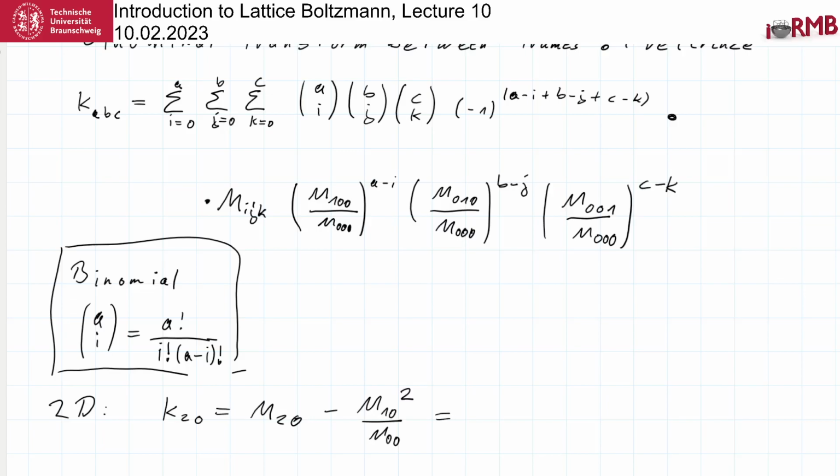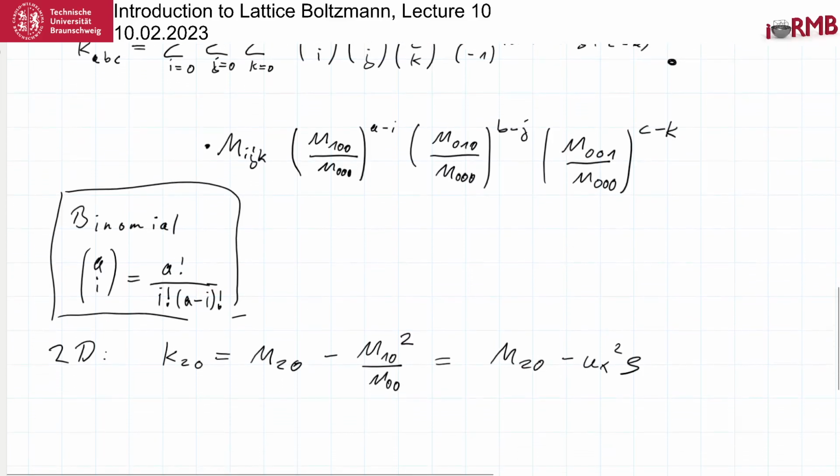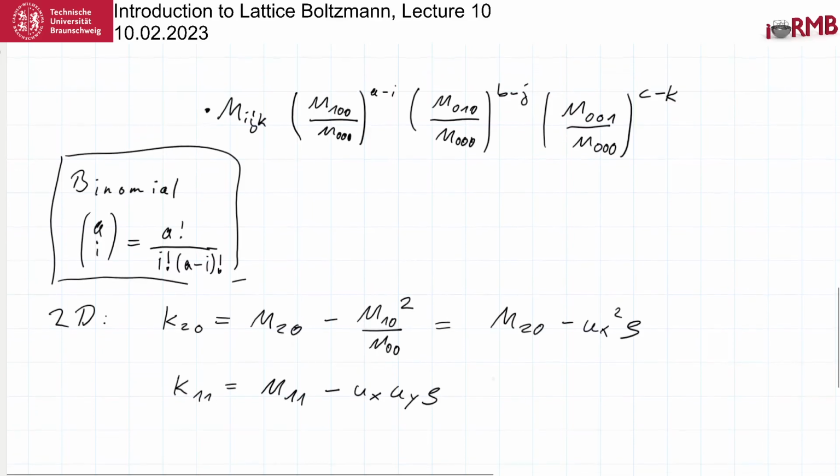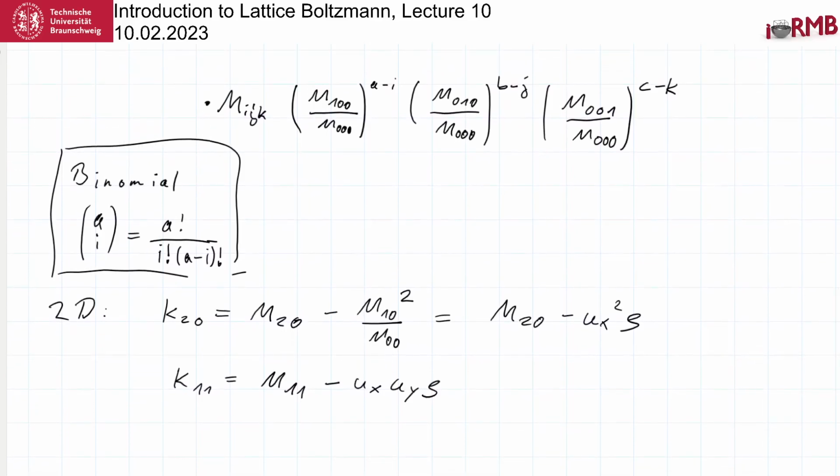So this now, of course, can be rewritten as M20 minus ux squared times rho. These are the moments that we have. And in a similar way, we have K11 is equal to M11 minus ux uy times rho. So what does this mean?